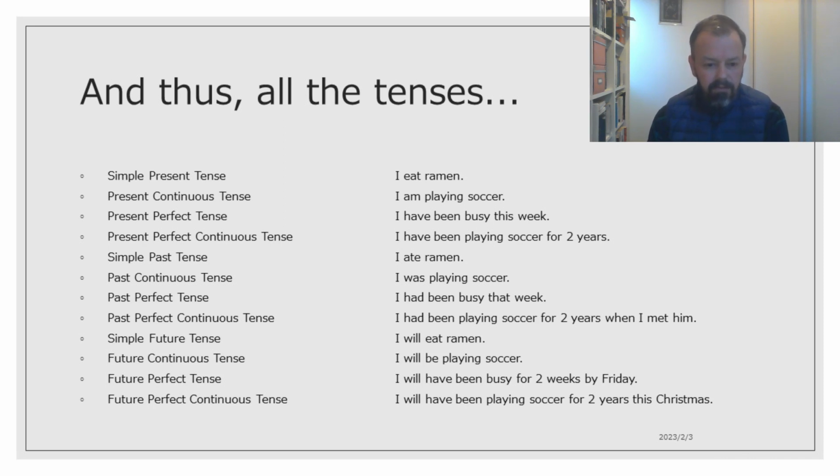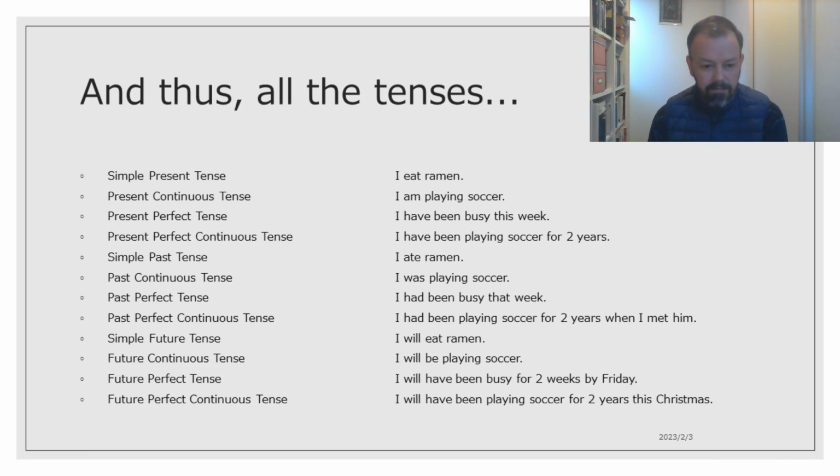Then the final present form is present perfect continuous tense or present perfect progressive. This describes an action that again started in the past and is continuing at the time of speaking. I have been playing soccer for 2 years, and again, continuous form, we use ing verbs.